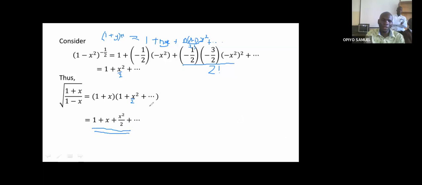And then there's yet another part to determine out of this. But what I want to say is, for binomial expansion, where you have rational functions like this, you need to simplify before you can apply.